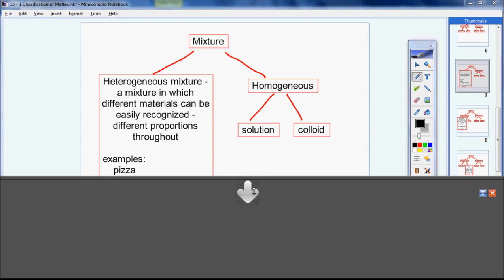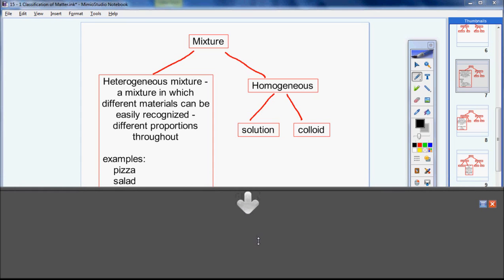But even if you order a pepperoni pizza, it's not going to be exactly the same throughout. The pepperoni will be placed a little bit differently, even if you're super careful. You can't get it in the exact same proportions all the way throughout. So it is a heterogeneous mixture. The pieces and parts of a pizza are very easily recognized. You don't have to do much thinking to identify what's the sauce and what's the cheese, and even the oregano kind of sticks out a little bit.